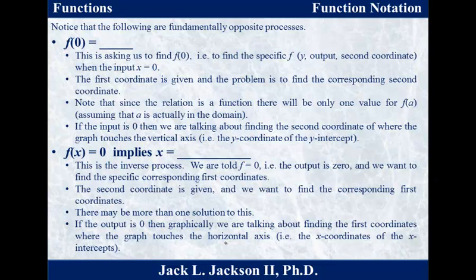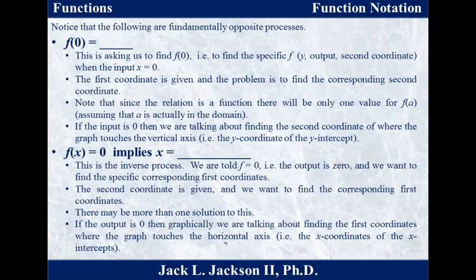This may have more than one solution, because in a function we could have a second coordinate that comes from two different first coordinates. That could be possible. If the output specifically is 0, what are we talking about? We're talking about finding a place, graphically, where we know the second coordinate is 0. Well, think about it. Where are the second coordinates 0?